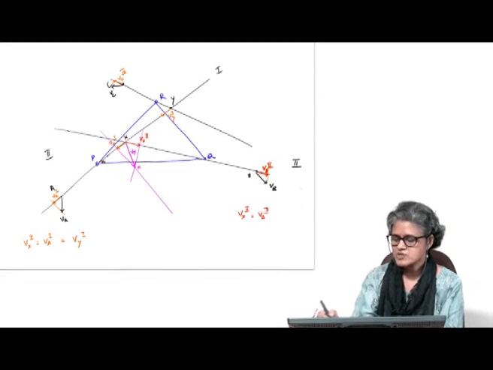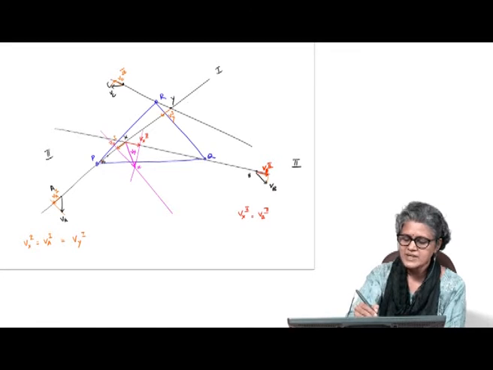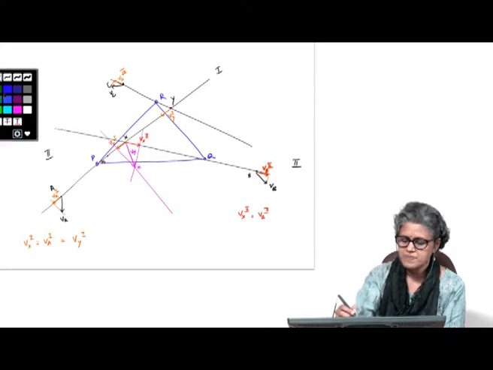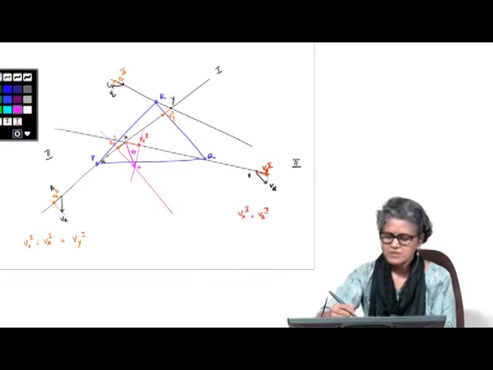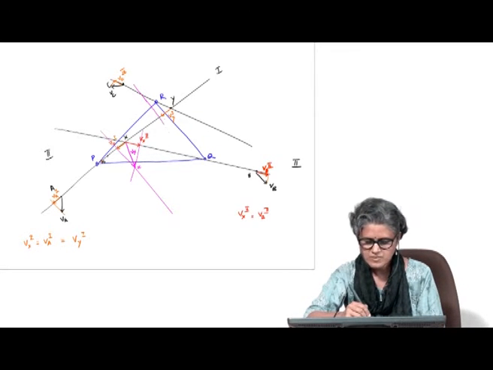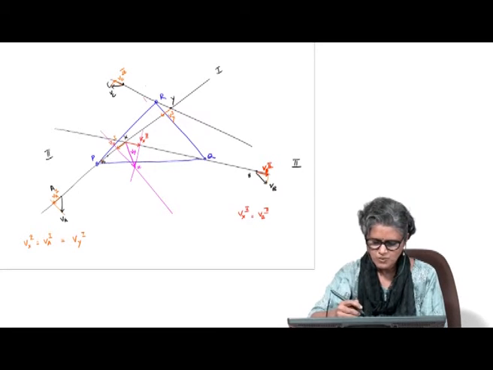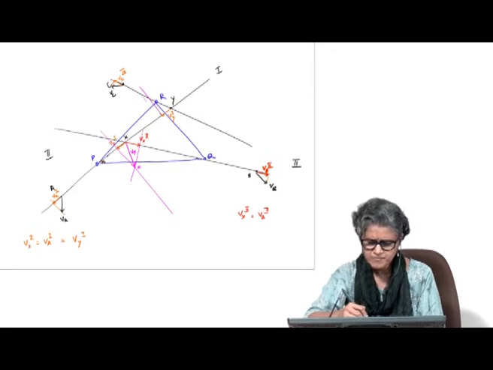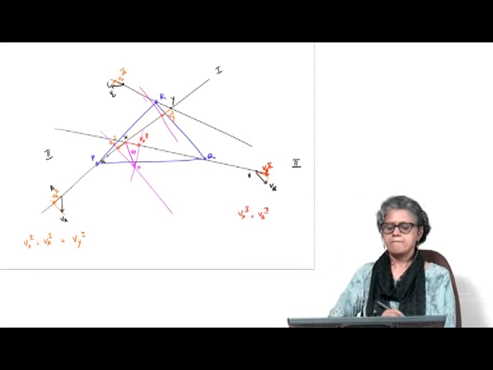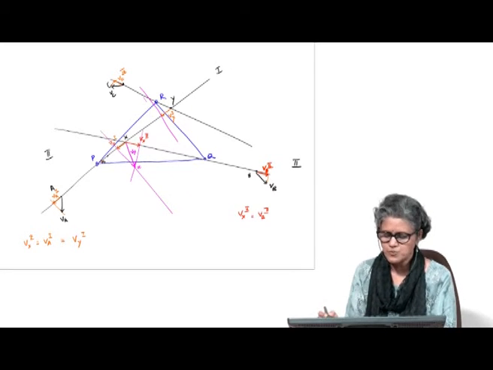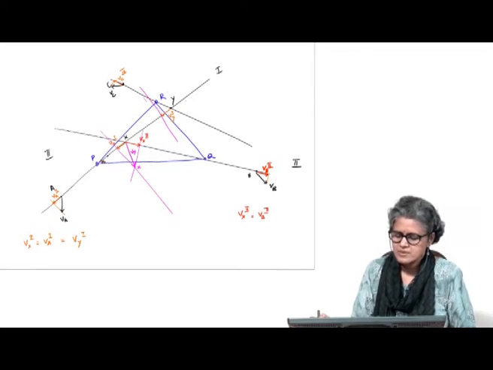Because my intersection is with 3, I need a third, so here I take VC along 3. The velocity of y will lie somewhere on the perpendicular to this.